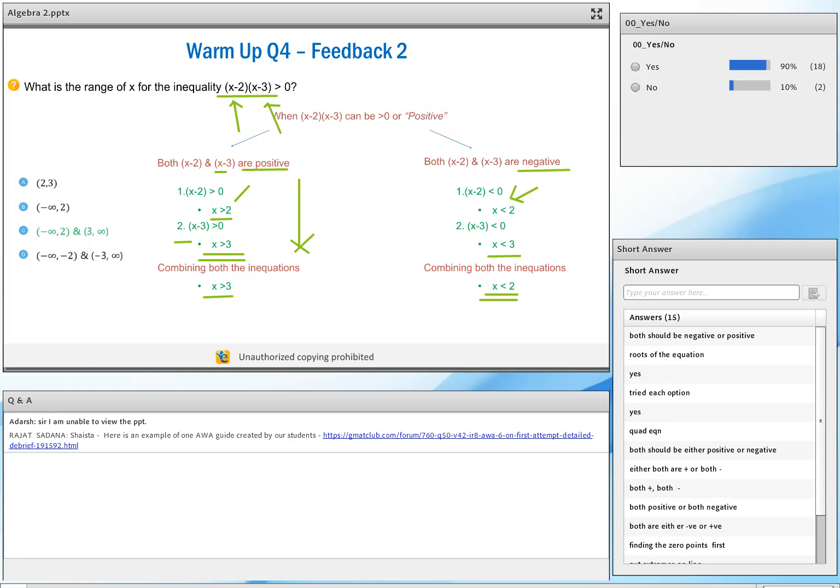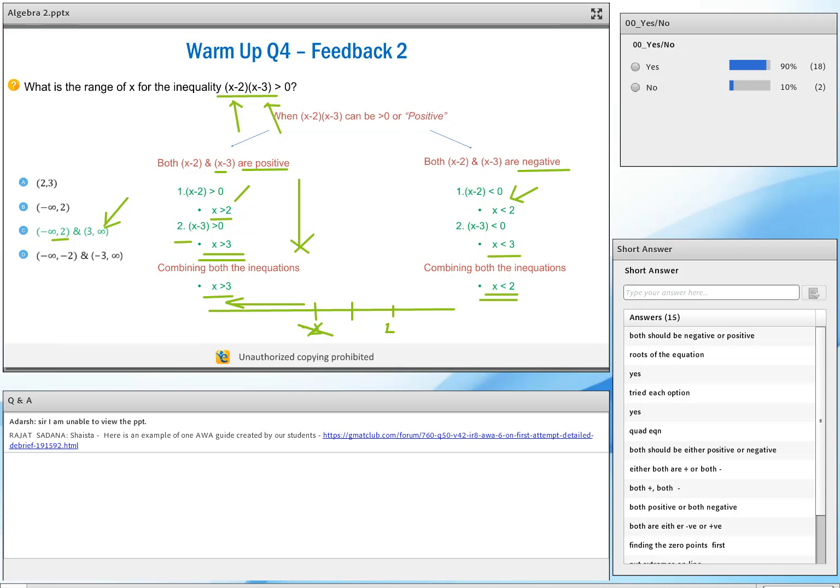So now your correct answer is choice C, because when you're saying minus infinity to 2, what this means is that x is less than 2. If you draw a number line over here, this is 0, this is 2, this is minus 2. So all these numbers are expressed by the range minus infinity to, oh sorry, it has to be here, not here.